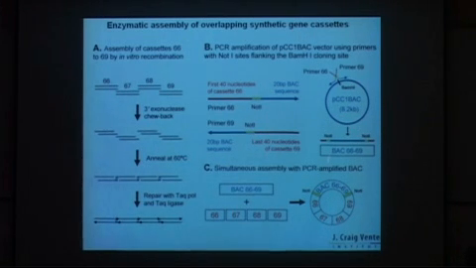And there are NotI sites, which don't occur anywhere in the genome, that can be used to release the DNA for further assembly steps.